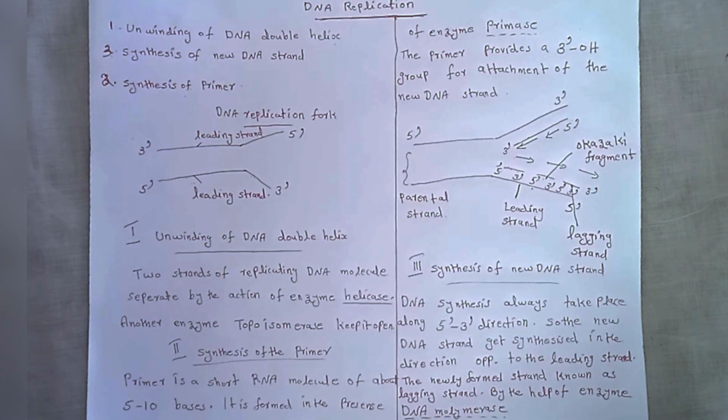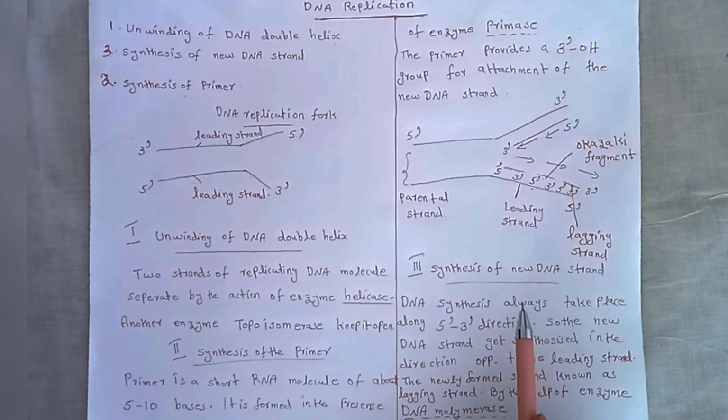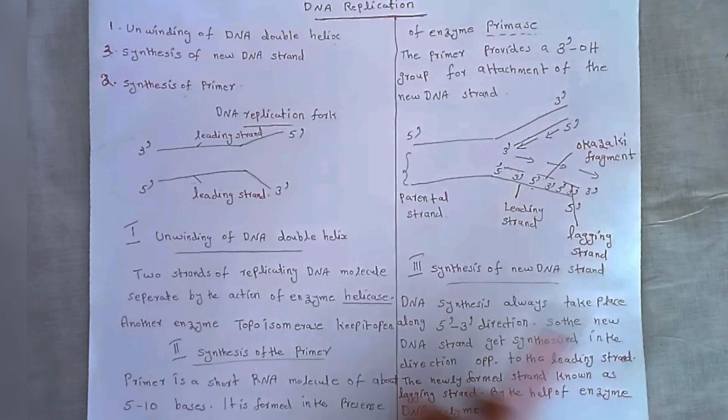With the help of the enzyme ligase and energy from ATP, Okazaki fragments are joined together to form a DNA strand.